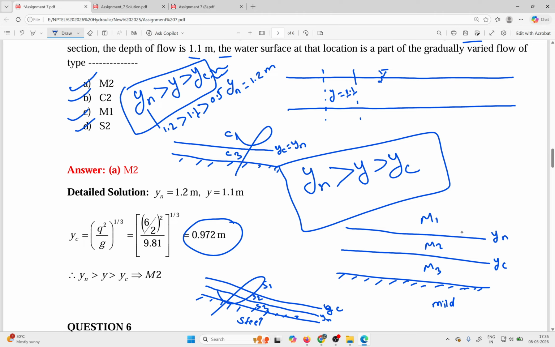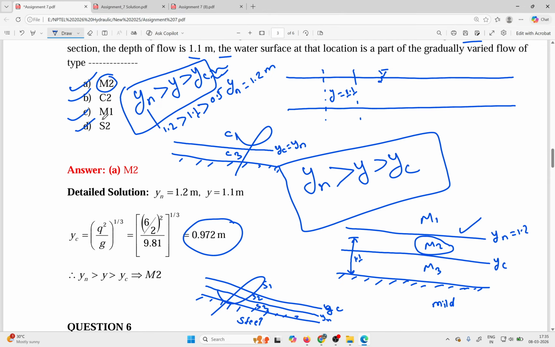Now your actual depth is lying here, this is 1.2, it is 1.1, so it will be here 1.1. So now you can tell very easily the answer will be M2. So hope you understand the concept.